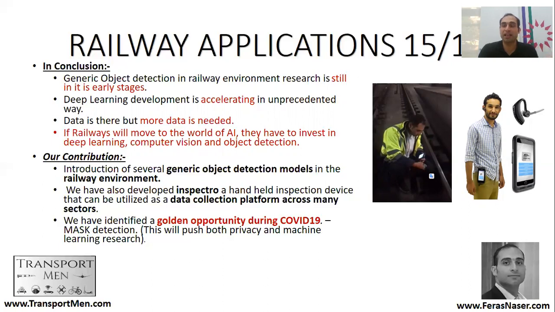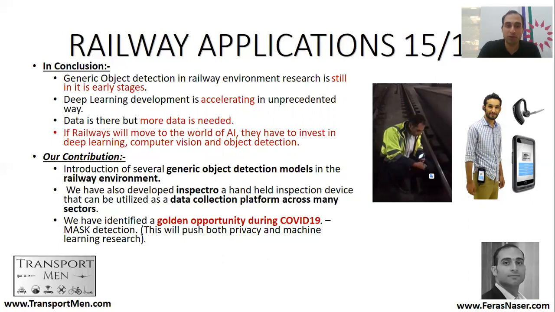This actually helped in bringing much more data and more interesting data from the railway environment that is specific, that is focused, that is linked to text, that is labeled. And it can also help, with this handheld device being used across so many organizations, in the objective of having generic object detections.